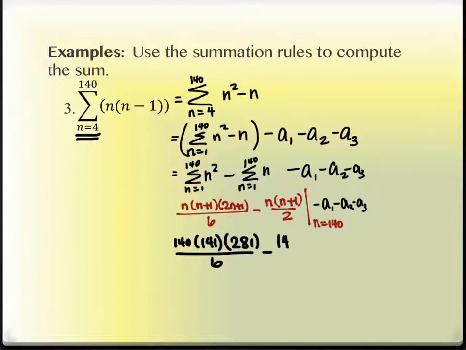Minus, now I have 140 times 141 divided by 2. And again, I need to subtract A1, A2, and A3. Okay, so let's calculate each of those first two pieces that are not my A1, A2, A3s and get a value for that.